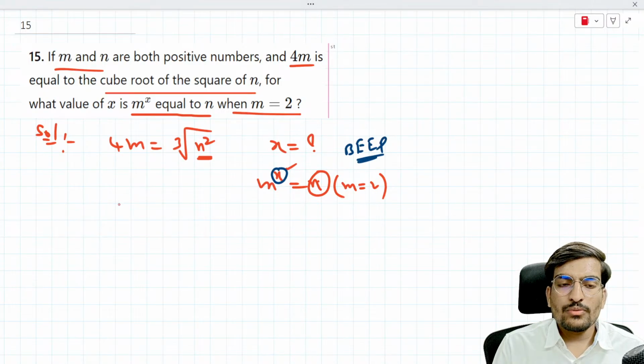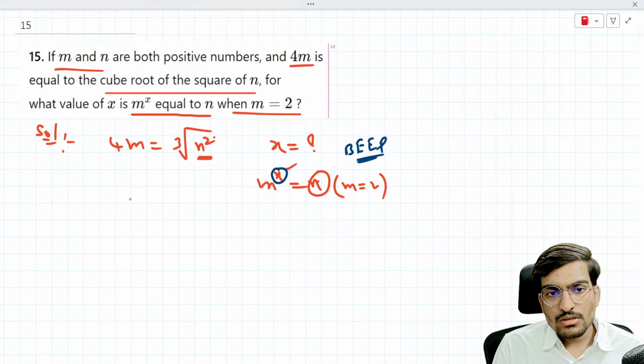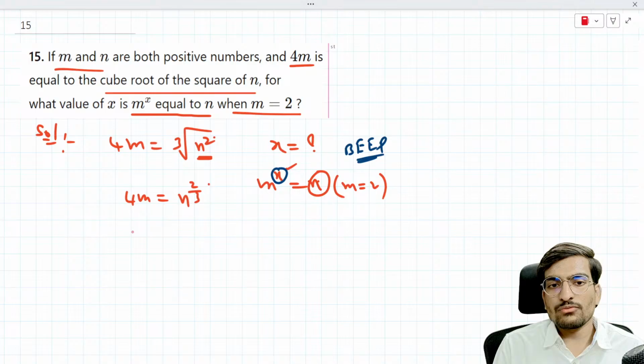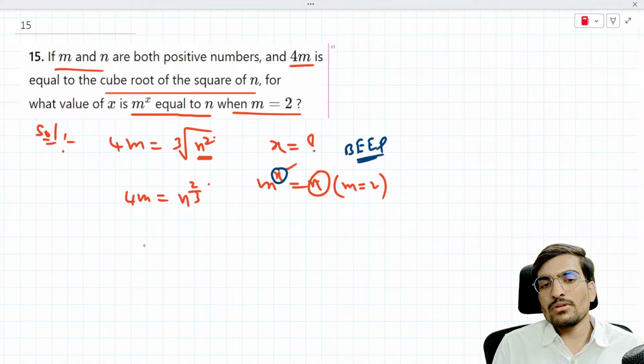So now we have to remove this 4m equals n raised to the power of 2 by 3. We just have to remove this part. In the power we can raise both sides to the exponent 3 by 2.